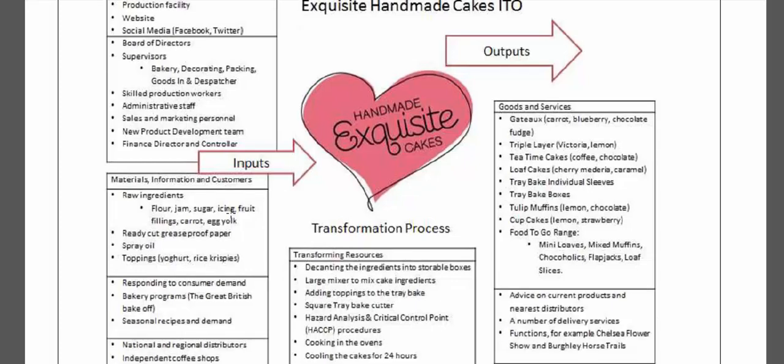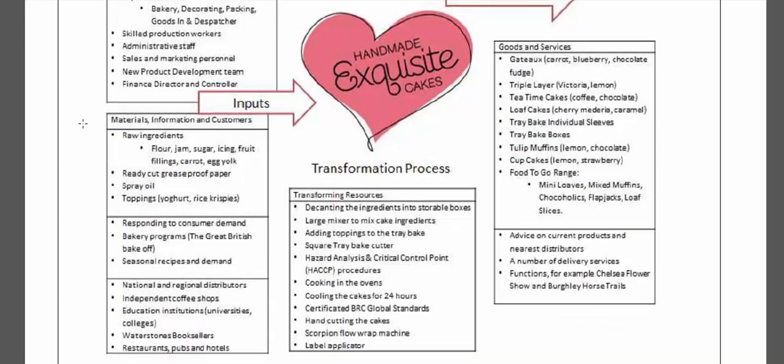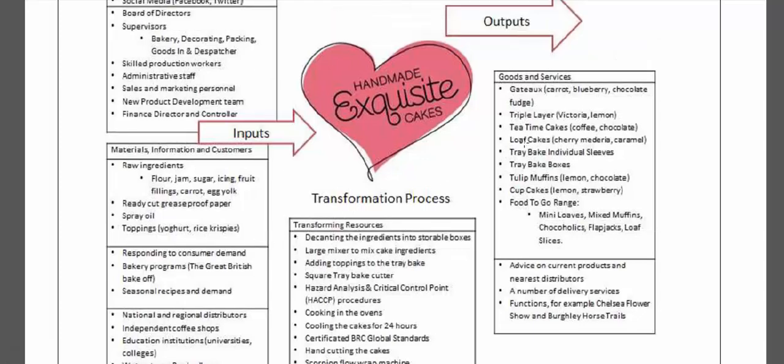If we move on, this is a much better piece of work, with a more succinct description of the facilities and staff. For example, you've got skilled production workers, you've got the supervisors, you've got the types, so categorization is important. Same with the inputs. If you look at the goods and services, there's an attempt to separate products and services, so a good summary of the types of products, and an attempt here at thinking about the service aspects.